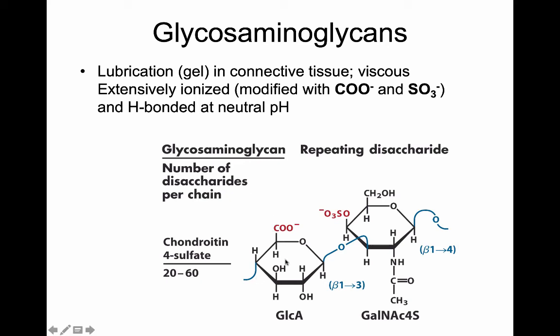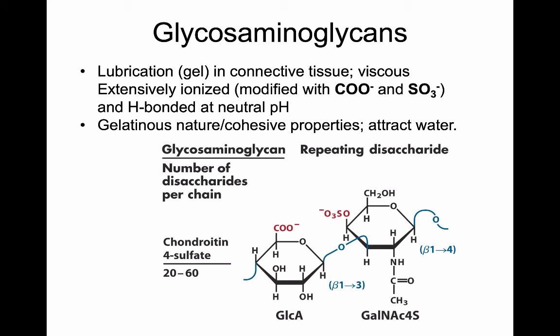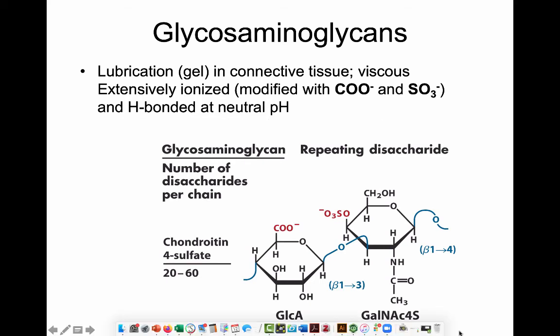So it's modified with carboxyl groups as well as sulfonyl groups, and it then dictates the structure of these types of polysaccharides by attracting water. An example of glycosaminoglycans is chondroitin sulfate. This is the type of polysaccharide that's found in connective tissues, which provides the strength and flexibility and resistance to compression that you see in connective tissue.